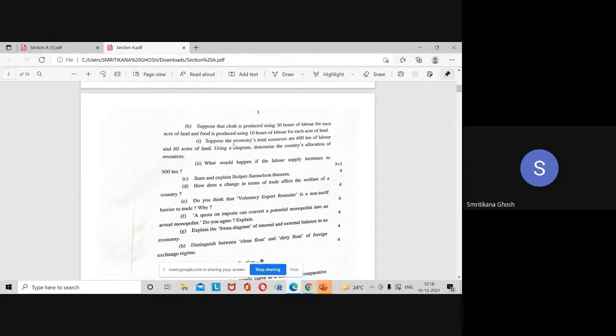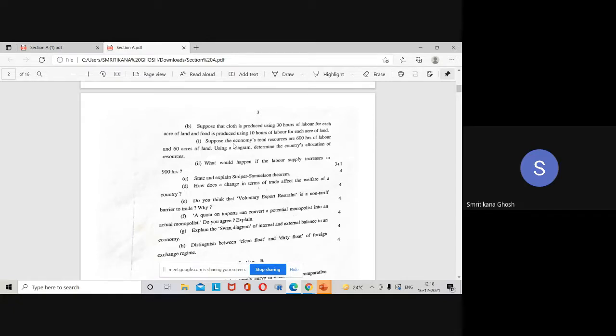And the next question is what would happen if the labor supply increases to 900 hours? So 900 means the total labor availability will increase. The commodity which is using more labor, I think it's clothing. So in that case the PPF will shift outward, but the intercept where you are measuring cloth will be more than the intercept where you are measuring food.